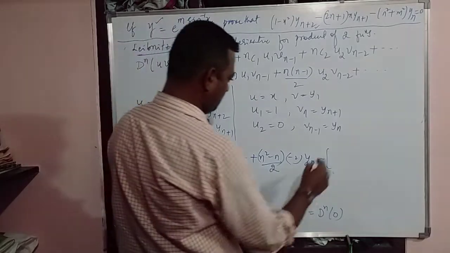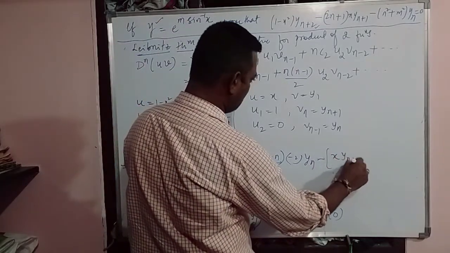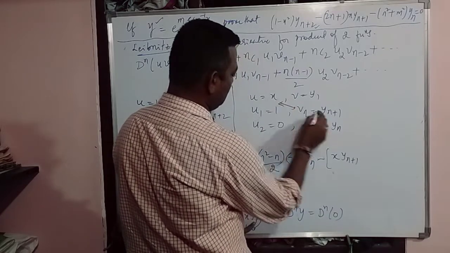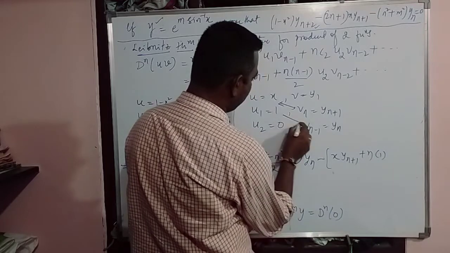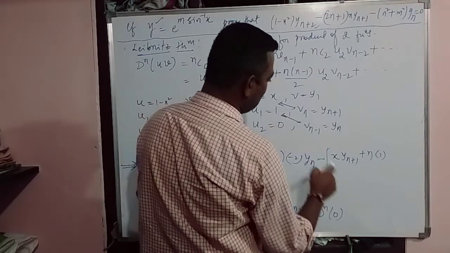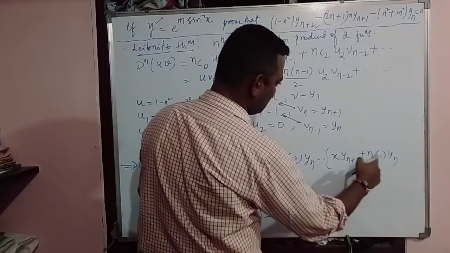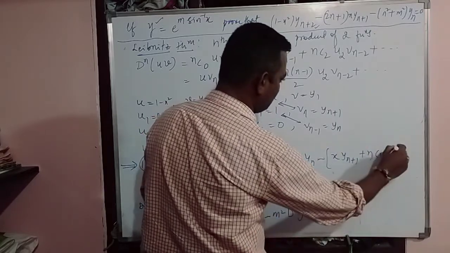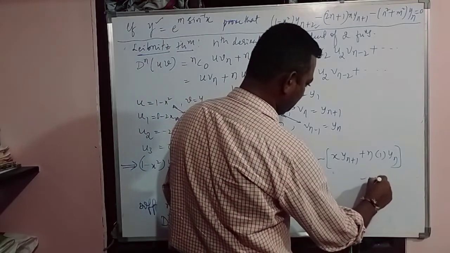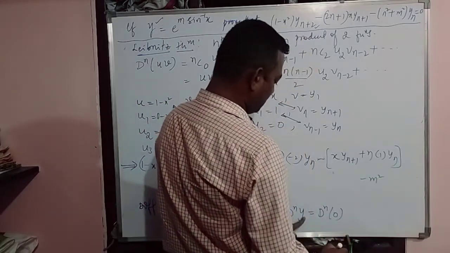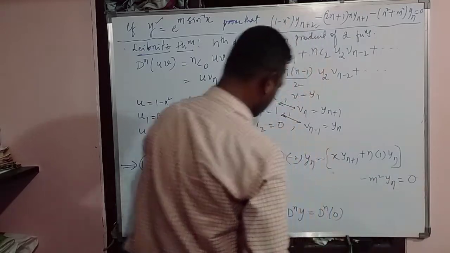Again, the nth derivative of y is yn plus 1, plus n into differentiation of x is 1, u1 into vn minus 1, yn. So the next derivative becomes 0, so we stop here. Minus m square, the nth derivative of y is yn. The nth derivative of 0 on the right side is 0.